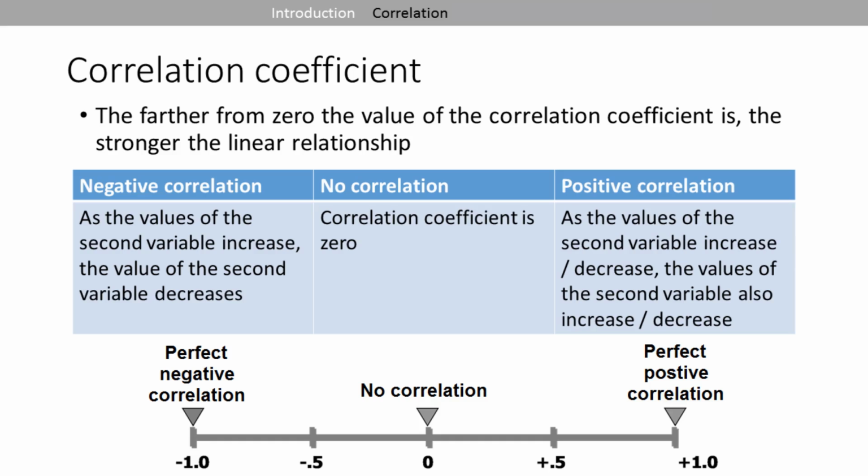No correlation means that the correlation line is totally flat. I'm going to show some graphs about this, which will make it more understandable. Here is the scale at the bottom: -1 is the perfect negative correlation, +1 is the perfect positive correlation, and 0 is no correlation.